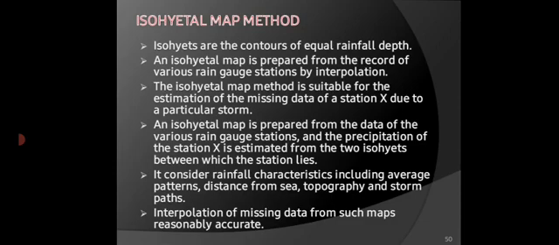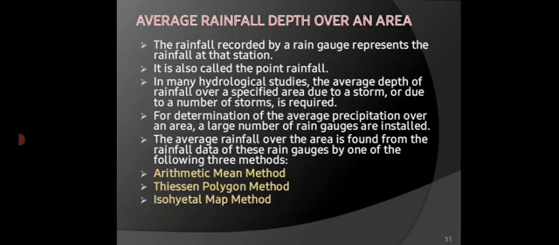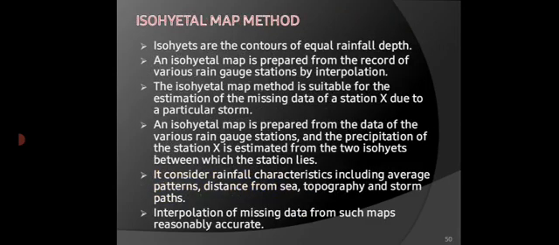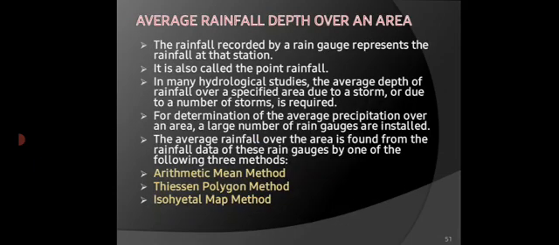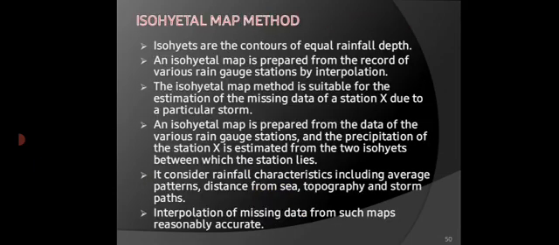So I can say this is one of the accurate methods to find out the missing rainfall data. In isohyetal maps, the contours are prepared and those contours represent equal rainfall depth, and from two nearby contours, through interpolation, we can find out the missing rainfall data.